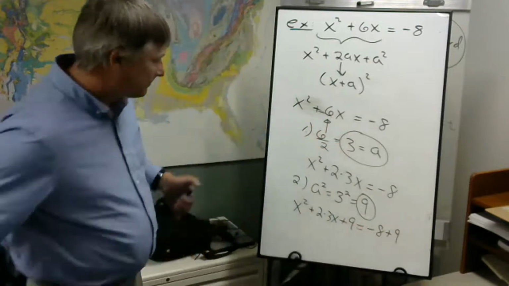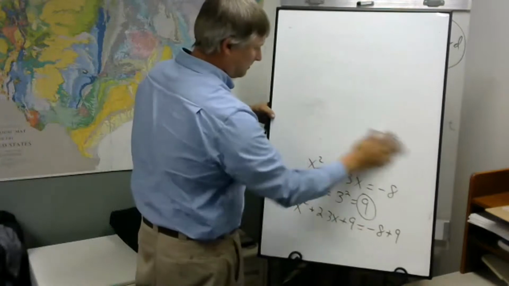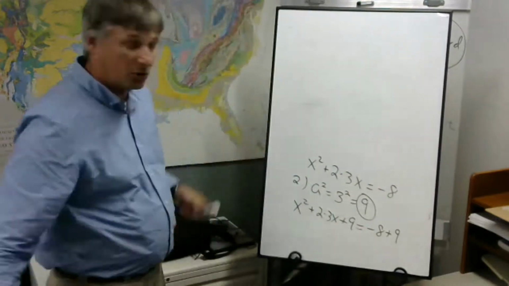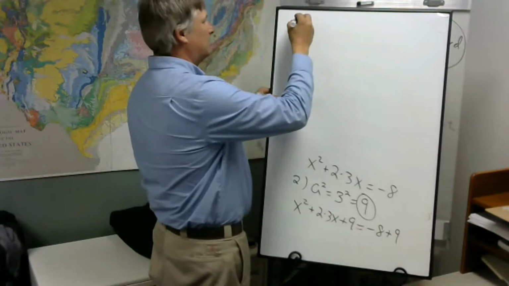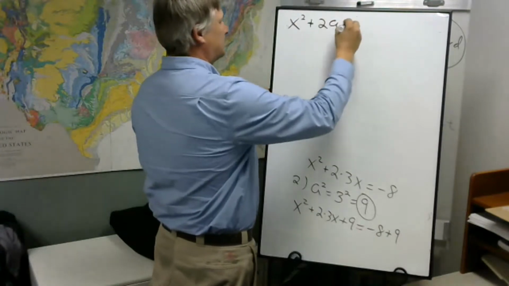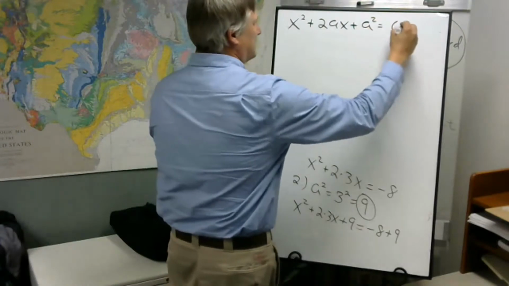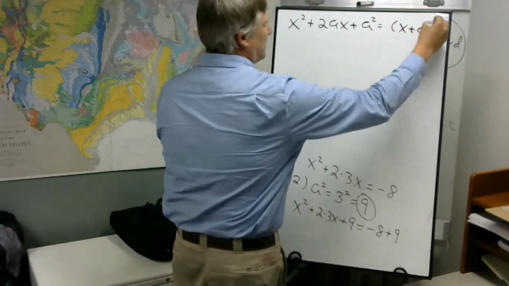So now, according to our rule, x squared plus 2ax plus a squared is x plus a squared.